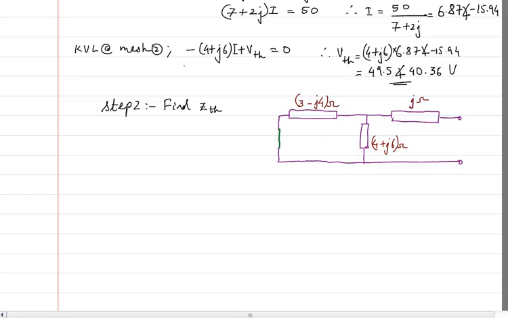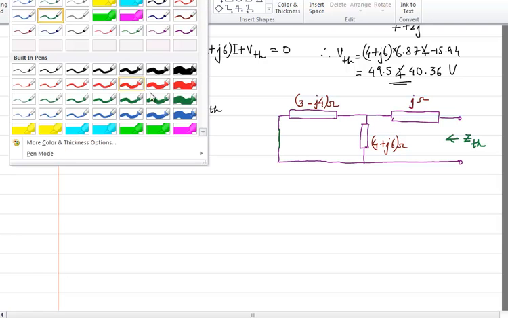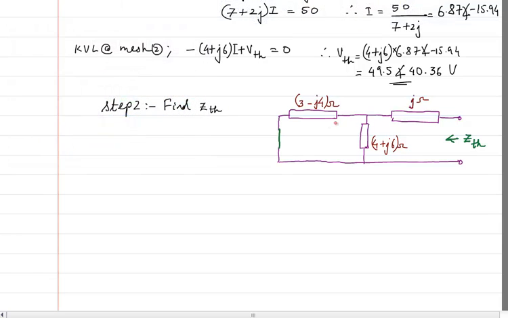Now as you can see, let us find out what is the ZTH value when we look from here. I have already told how to find if some element is in parallel with something else. As you can see here, the element 3 minus J4 looks like it is in series with J ohms, but there is a third element coming from here. So 3 minus J4 and J ohm cannot be in series.